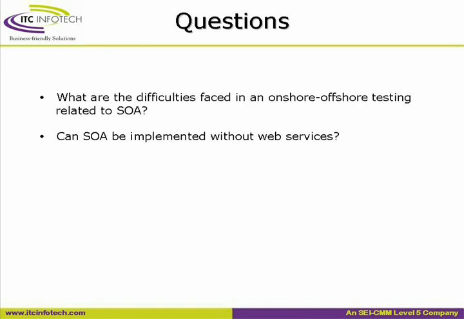And as we look at that problem space and try to figure out what's the work that's best situated onshore versus offshore, and how do we make that relationship work, I think we found that testing in the service-oriented environment is one of the easier places to do that, because you're dealing with such discrete units, it makes it very easy to package the work and move it from one team to the other.